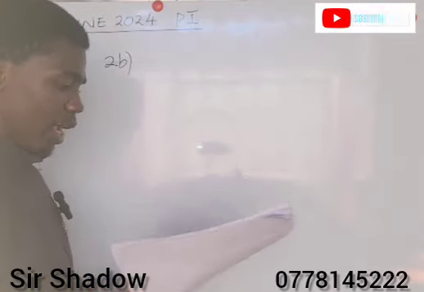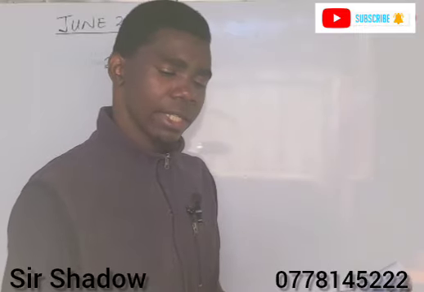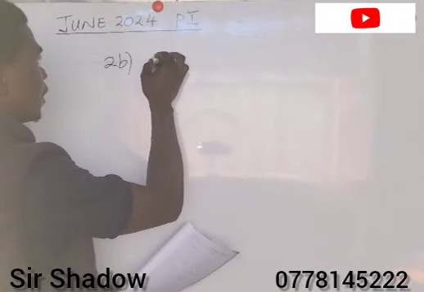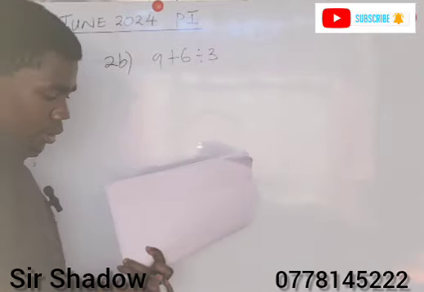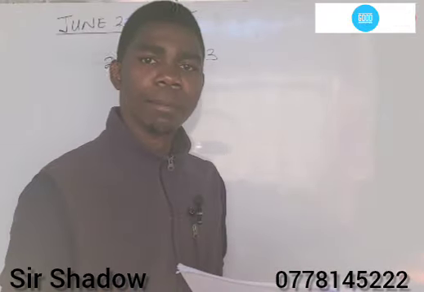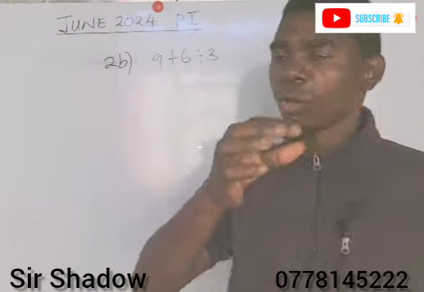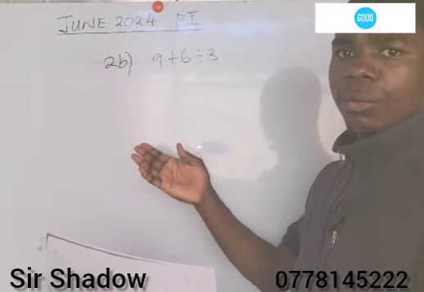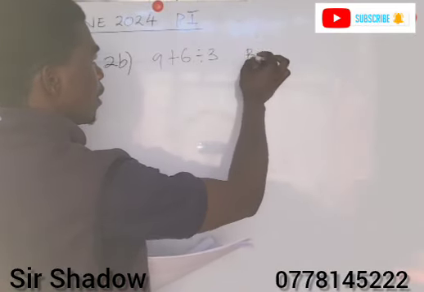Question 2b, we are asked to find the value of 9 plus 6 divided by 3. So in order to find the value of 9 plus 6 divided by 3, we have to apply BODMAS.